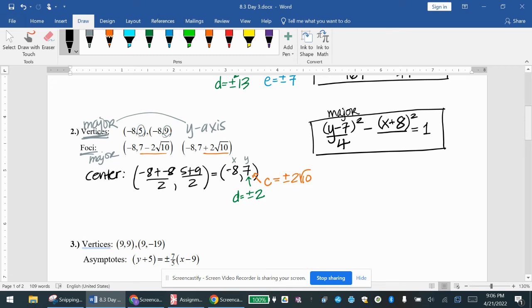Okay, so I need to have the letter E under my second fraction. In order to find it, I have to use my formula, c squared equals d squared plus e squared. So 2 root 10 quantity squared equals 2 squared plus e squared. So go ahead and figure out what 2 root 10 times 2 root 10 is.